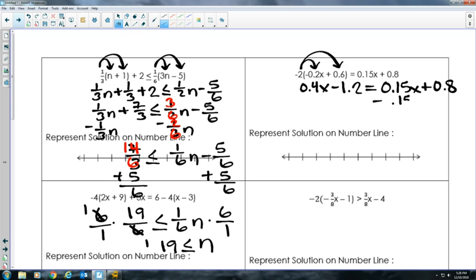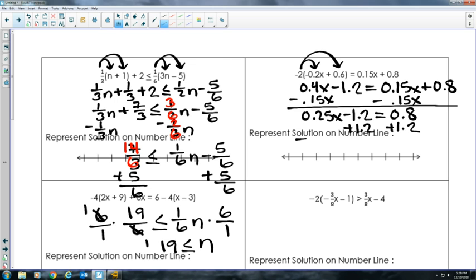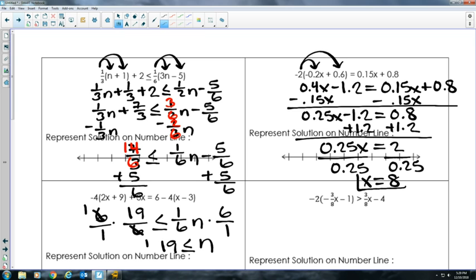Let's subtract 0.15x. Add 1.2 to both sides. Divide both sides by 0.25, and x should equal 8.